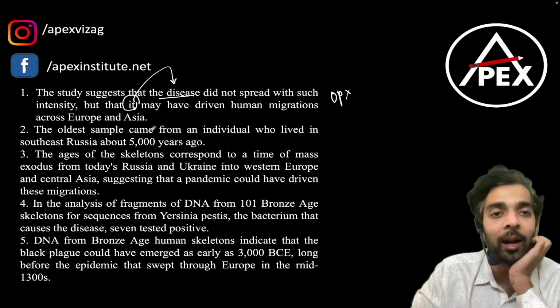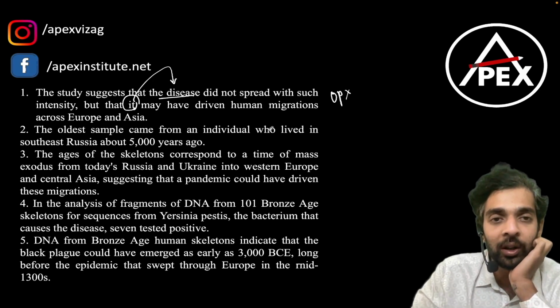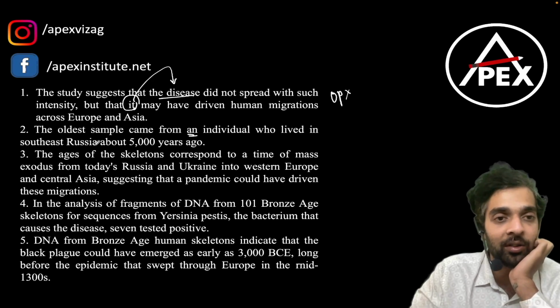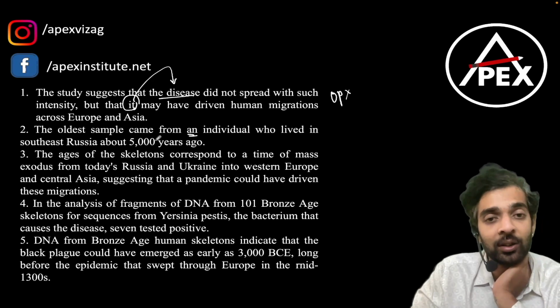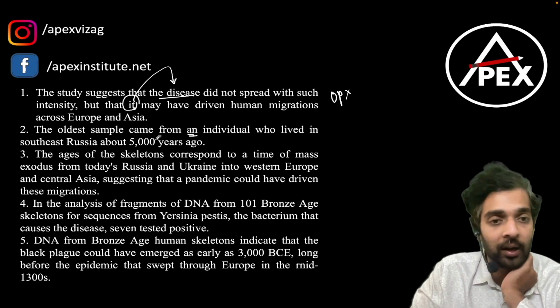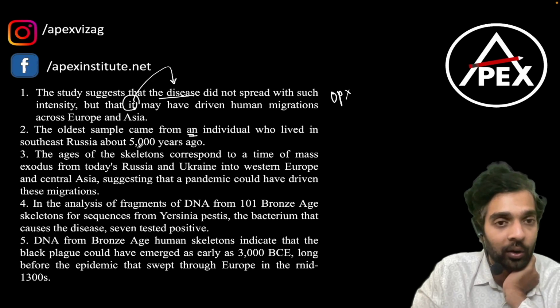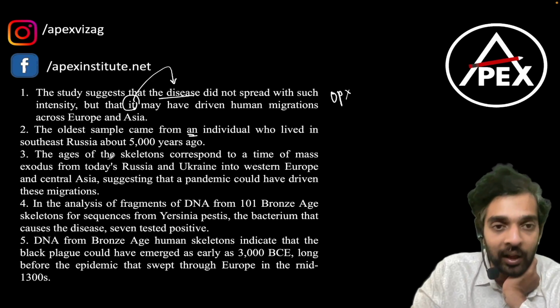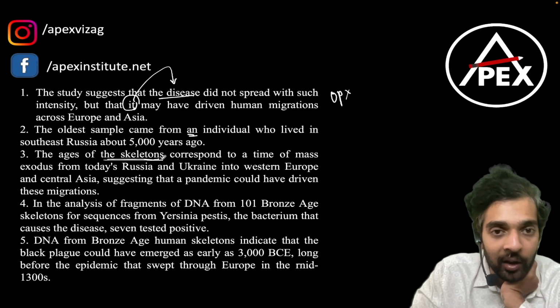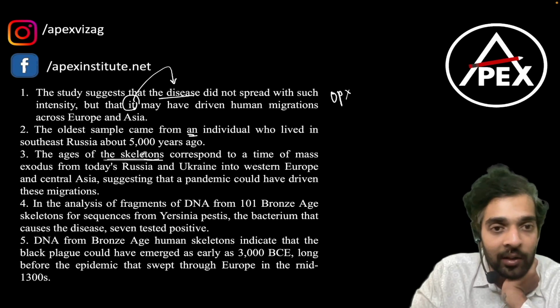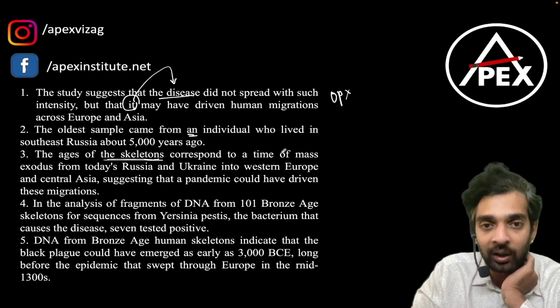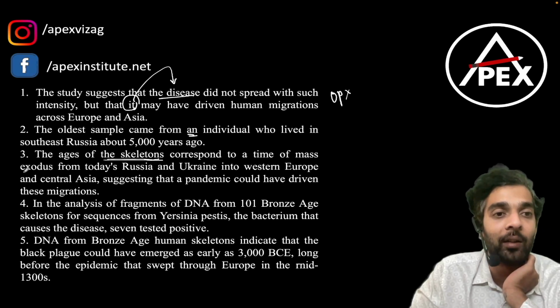The oldest sample came from an individual who lived in southeast Russia about 5,000 years ago. Good sign. Next, the ages of the skeletons. Which skeletons are we talking about? So the ages of the skeletons correspond to a time of mass exodus.